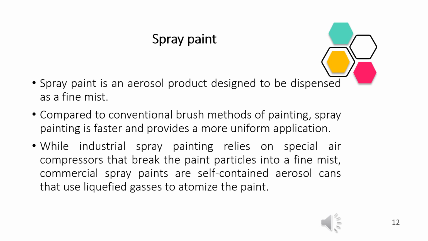These air compressors can break the paint particles into the fine mist. The commercial spray paints consist of aerosol cans, and the function of these aerosol cans is to use the liquefied gases to atomize the paint.